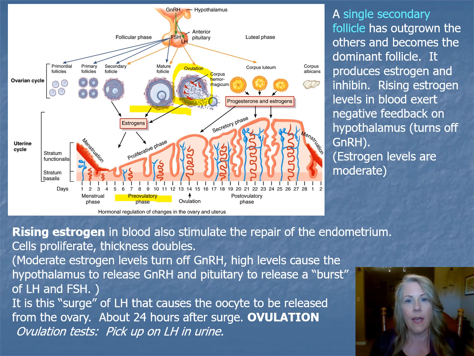Okay? And a high level of estrogen does something different. When it reaches a certain point in the blood, guess what it does to the hypothalamus? It turns the hypothalamus on and makes it secrete the gonadotropin releasing hormone.